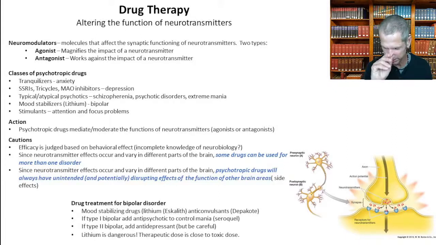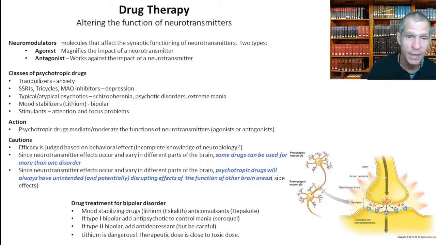There are some drugs used for psychosis that are the same as those used for attention disorders. So some drugs will be used for more than one disorder. And since neurotransmitter effects occur and vary in different parts of the brain, all psychotropic drugs are going to have unintended and potentially disrupting effects on the function of other brain areas, or side effects, so to speak.